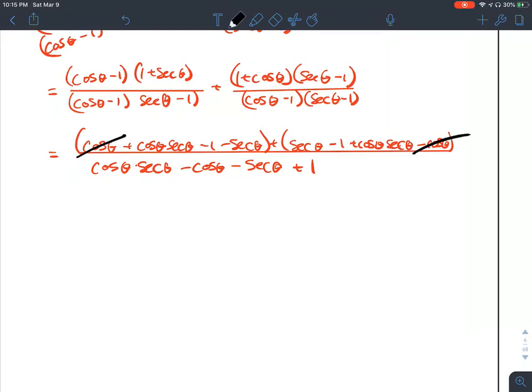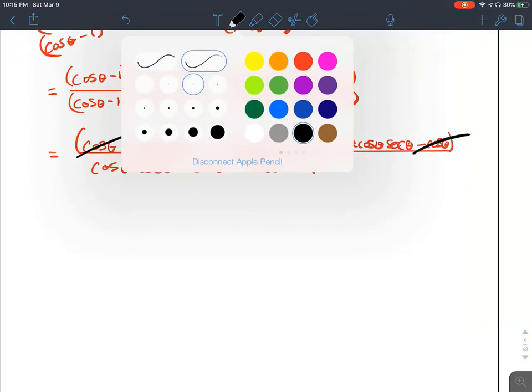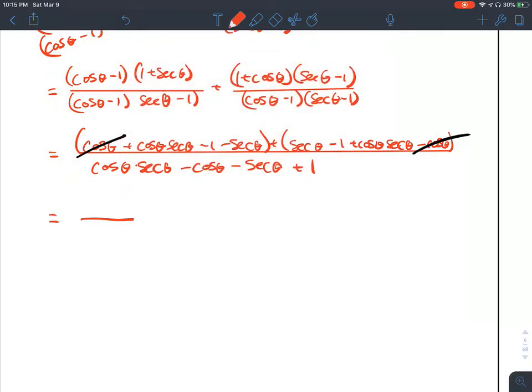Let me write some of this down. So that's going to be, when those cancel, in the context of adding or subtracting when things cancel, we're left with a 0. Guess what this is equal to? Cosine times secant of theta.